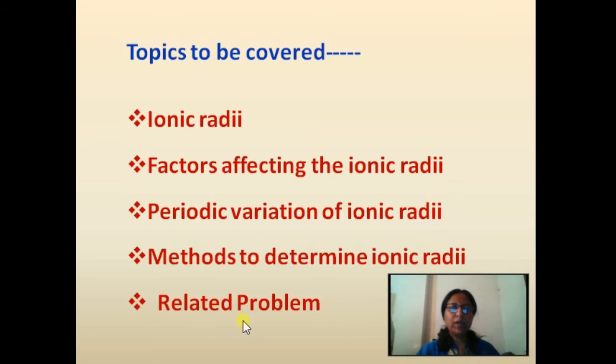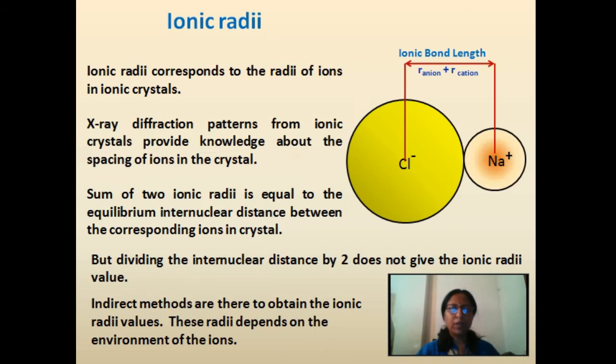and some related problems. From the name itself, you can understand that ionic radii corresponds to the radii of ions in an ionic crystal. And in an ionic crystal, we can measure the internuclear distance between the nucleus of the anion and the cation by using X-ray diffraction. And we can get the internuclear distance that way.